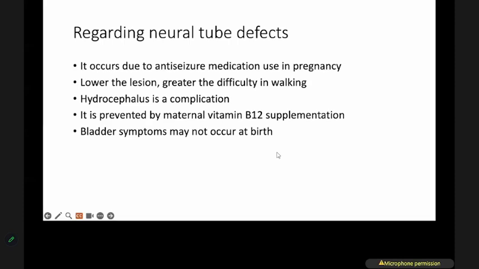It's me. Is it wrong? Yes. Why, madam? Because at birth already bladder incontinence is there. Yeah, at birth, you don't know whether the continence is there or not, right? The bladder opens when it fills, but it's very difficult to know whether there are bladder symptoms or not. So it may not be present at birth. So that's true, right? Okay, right.